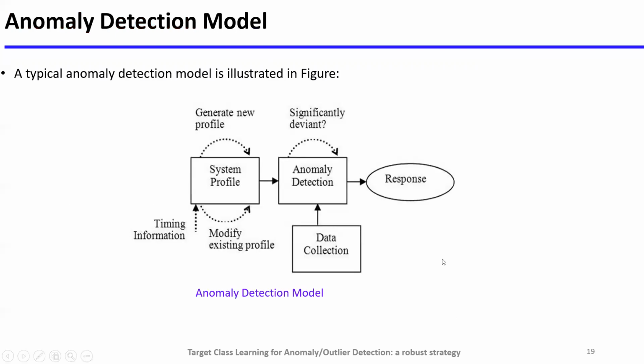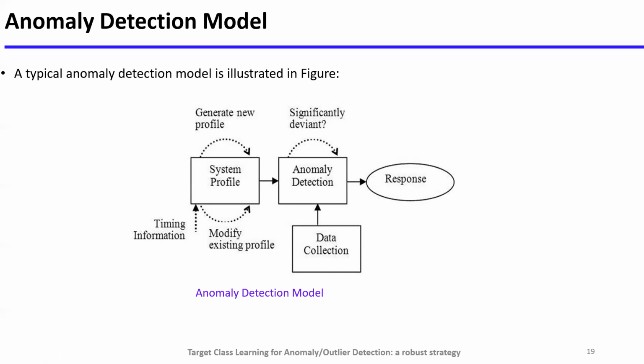Before going to the various state-of-the-art techniques of anomaly detection, I will be discussing a typical anomaly detection model. In this typical model, we gather the data to generate some kind of system profile. It is assumed that we are taking all the normal use cases for this.